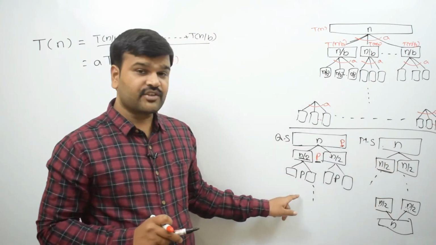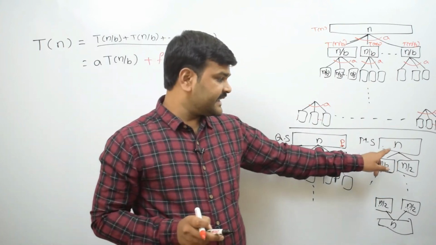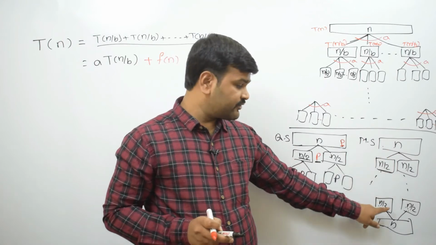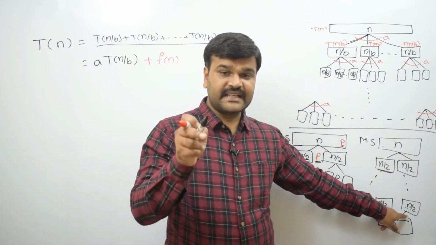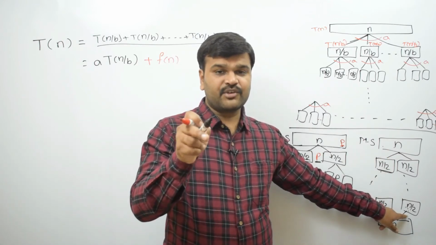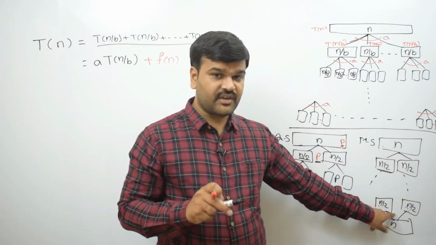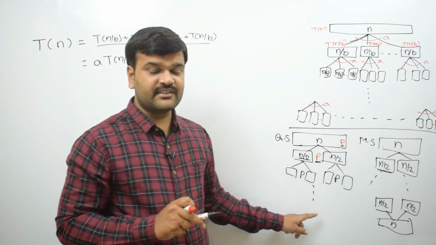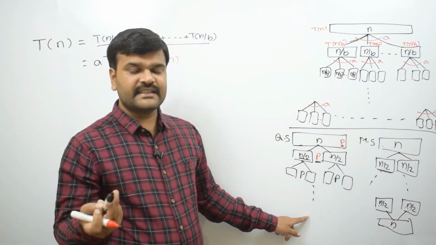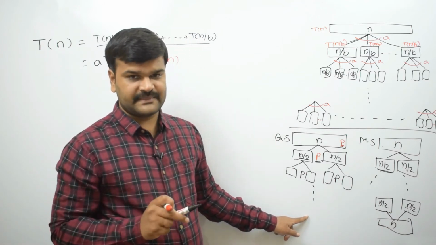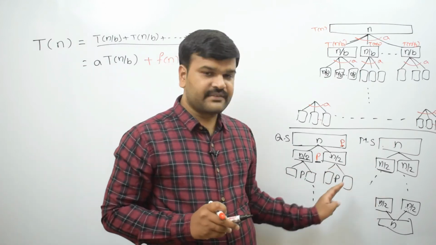But here you need not combine. In case of merge sort, you have to combine, so that will take some amount of time based on input size. That is not constant, but here you are not combining, so that is taking constant time. That is the main difference between these two.